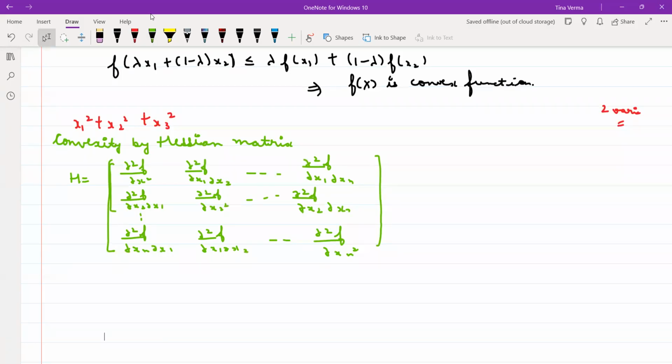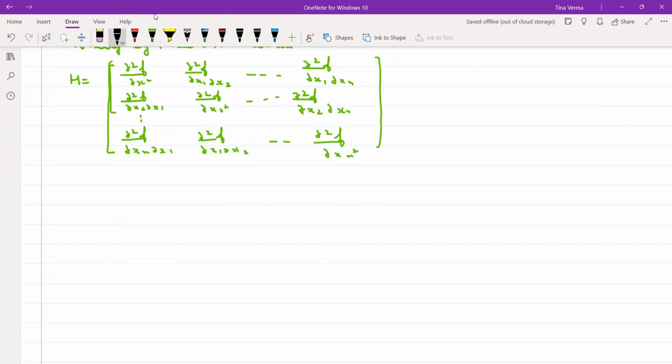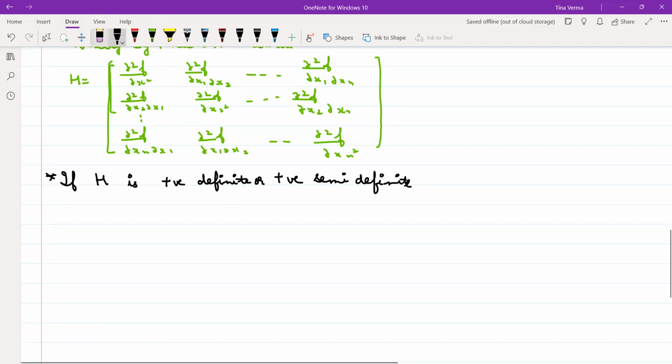Now, how can you check convexity and concavity? If my Hessian matrix H is positive definite or positive semi-definite, you remember we take the determinants starting from D1, which should be greater than 0, then D2 greater than or equal to 0, and so on.